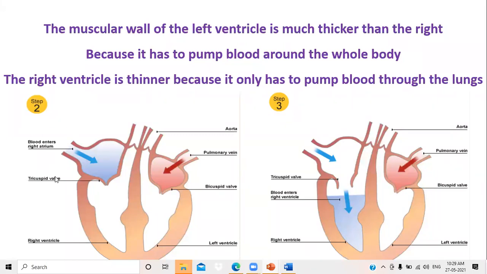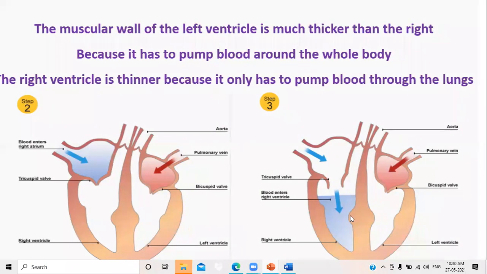So let's start from the beginning. The deoxygenated blood will come from the vena cava. It will enter into the upper room of the right side of your heart, which we call the right atrium. Then the right atrium will contract to move the blood to the lower room on the right side of your heart, which we call the right ventricle.